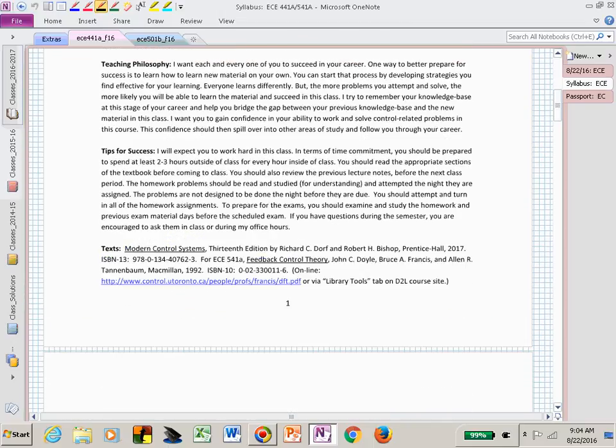The 2 books, I've had some people ask, do they need to purchase the 13th edition? Ideally, yes. If you have an older edition, which is probably less expensive, I will try to include the problem statements from the 13th edition in addition to the problems.